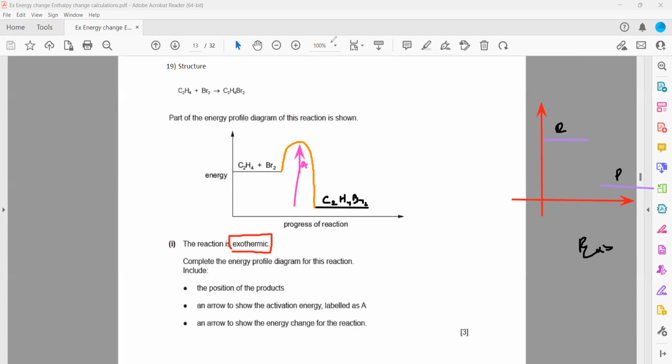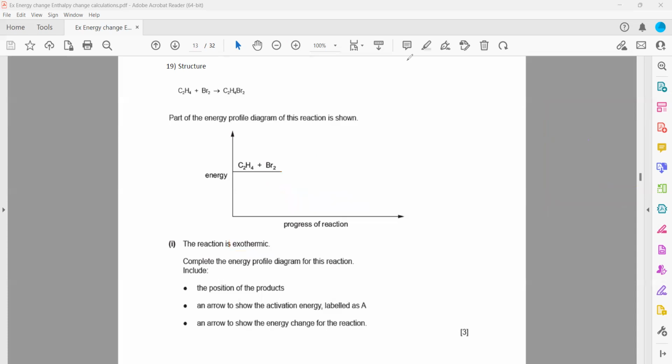Because it's an exothermic reaction, the energy change arrow should be downward, which is the energy change or enthalpy change. So this is delta H and this one is activation energy. This is the energy profile diagram for any exothermic reaction. Reactants have high energy, the product has low energy.